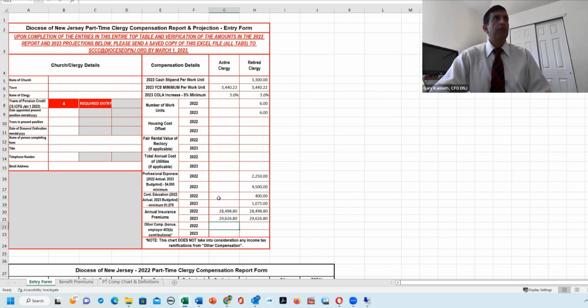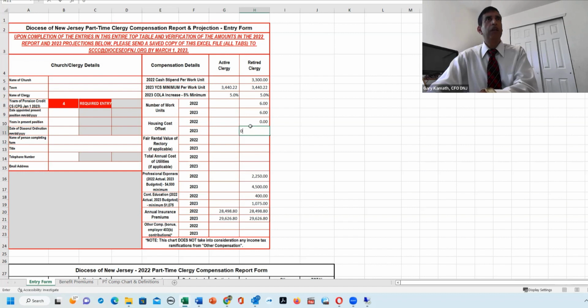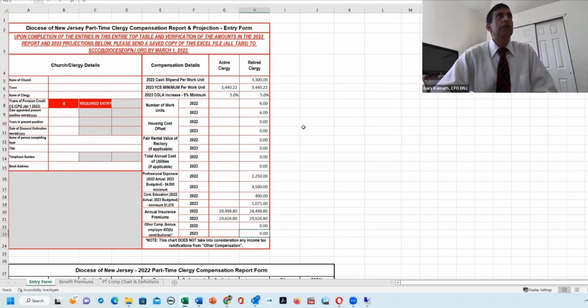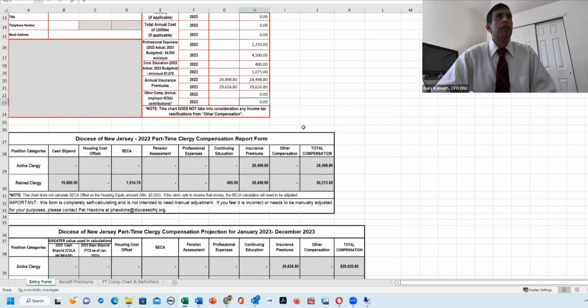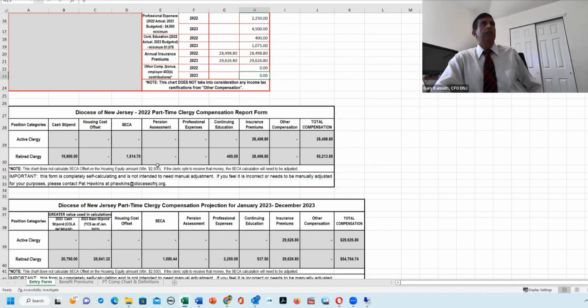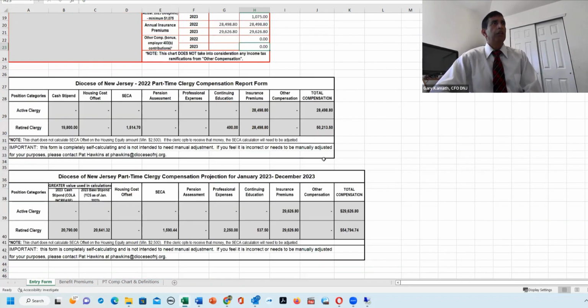You'll see, and if you have any other compensation, you can put that in here too. If I put all that 0, I think if you don't put it, that's fine too, but whatever amount you have. And you'll see the retired clergy compensation came to 50,000, and here the 2023, with the COLA and other increases, came to 54,000.